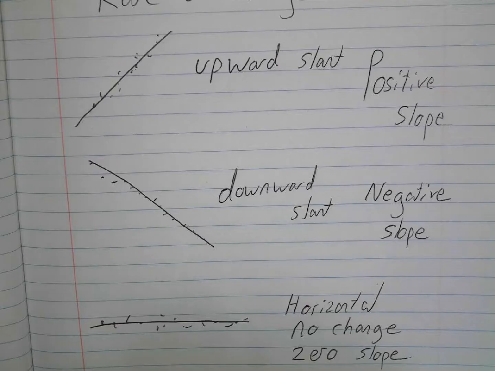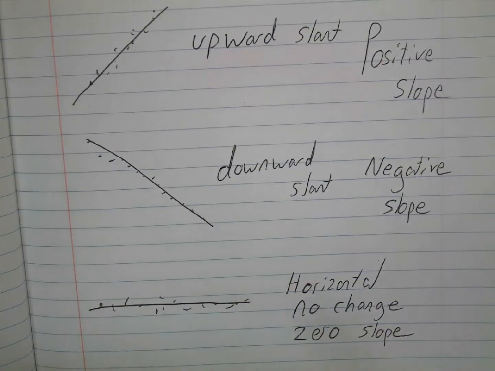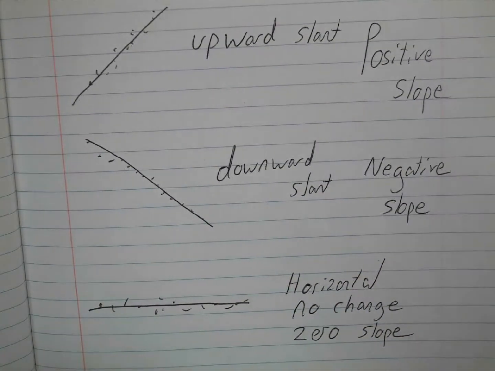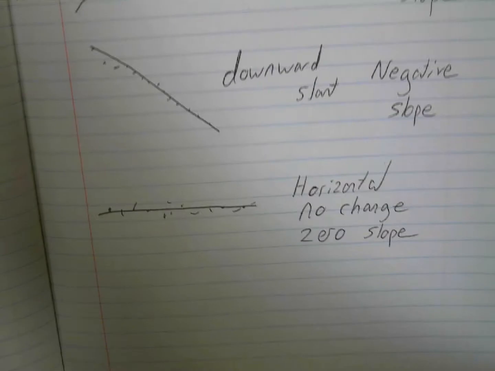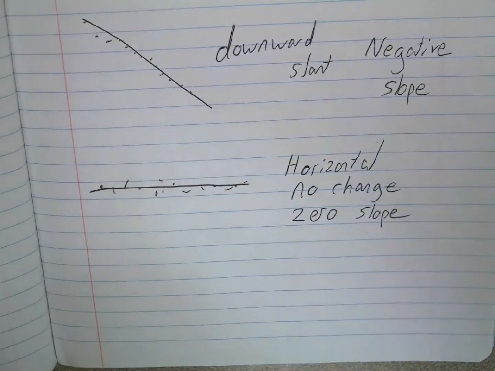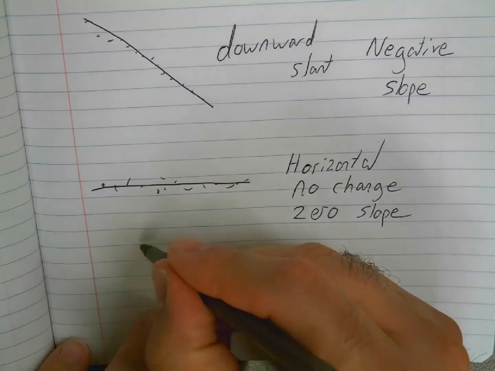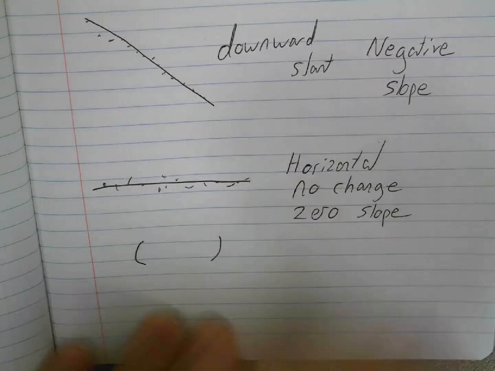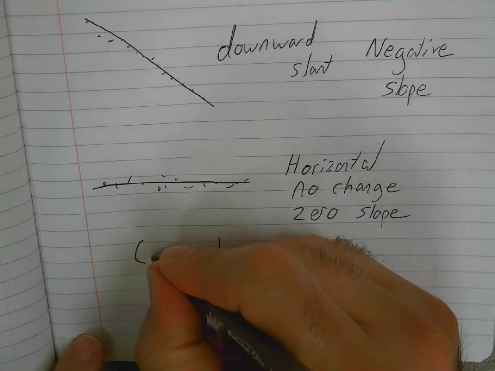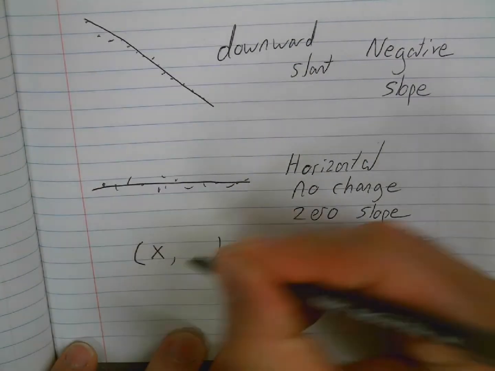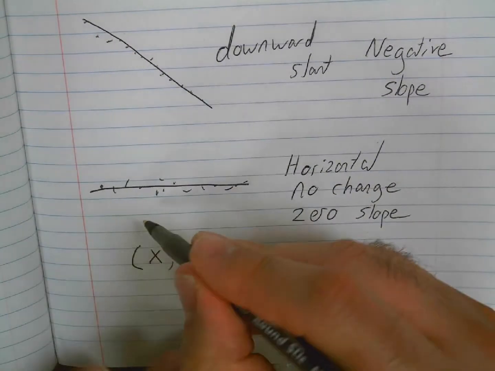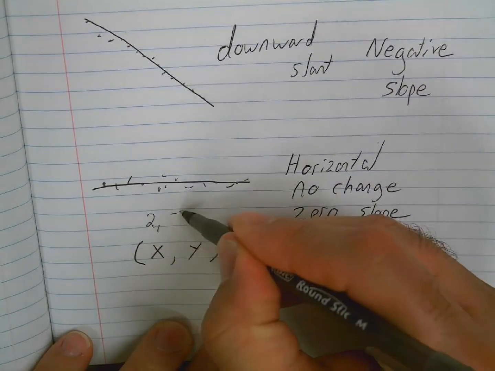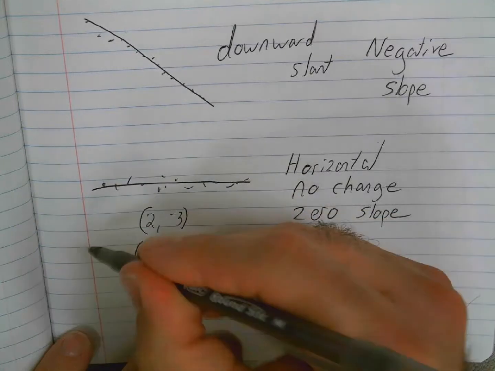All right? Great. So, with our data points, we're going to be given ordered pairs. And ordered pairs would just be points given in parentheses that have the first part, that's an X. The second number would be a Y. So you've seen this before. Somebody said plot (2, -3) on a coordinate plane, right?